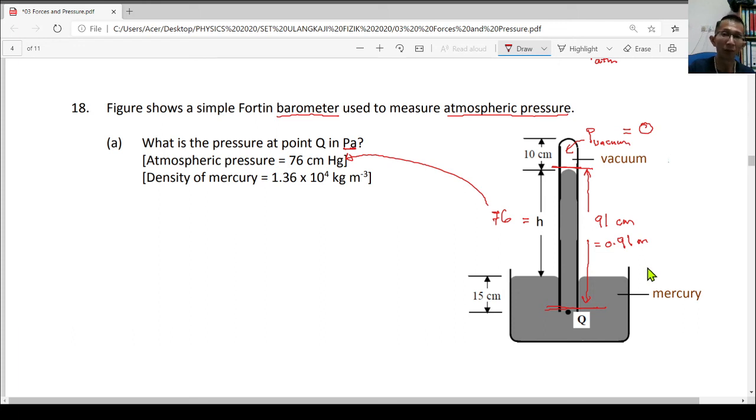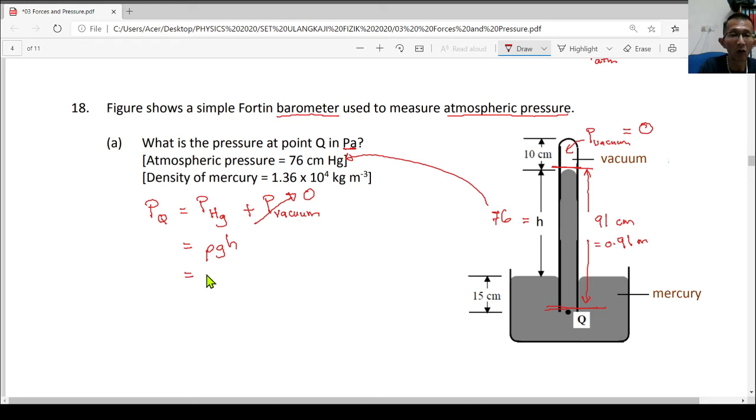Do you follow? Alright, so the pressure at point Q equals the pressure exerted by the mercury plus, above the mercury, I have the vacuum region, and I do know that the pressure for the vacuum region must be 0. So I just put 0 there. How do we find the pressure due to the mercury? Rho g h.